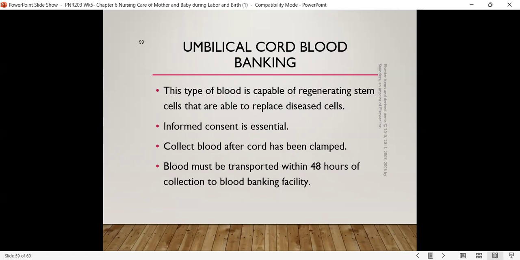So for instance, somebody in the family has some knee problems, and they want some of those stem cells, they can get some and inject it into the knee to see if it can replace those diseased cells. It's pretty good. And we have it in our family, and it's still in Tampa. That's where they have the cord blood banking facility. So that's something mom and dad have to think about before they get to the labor room.